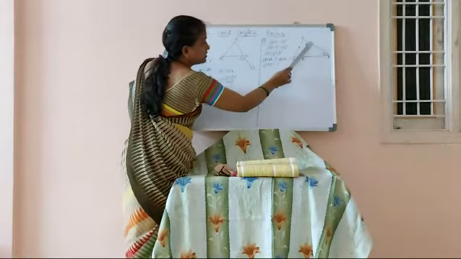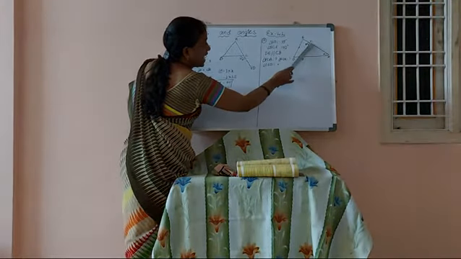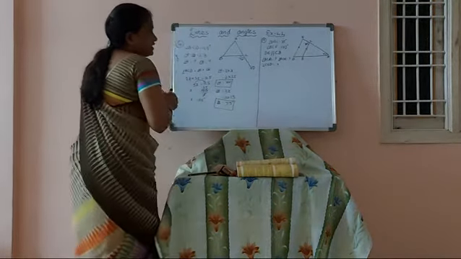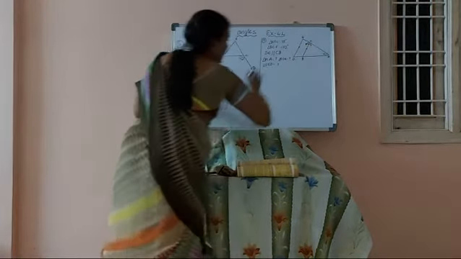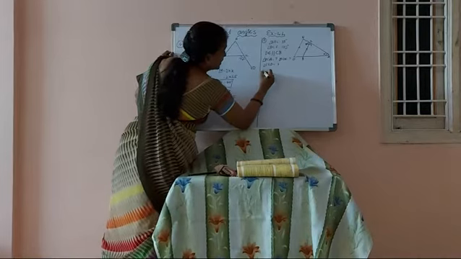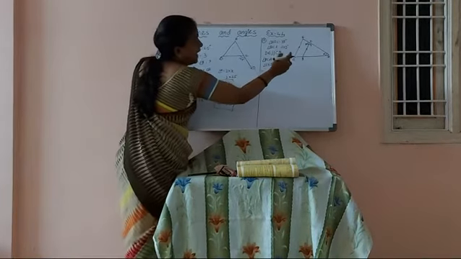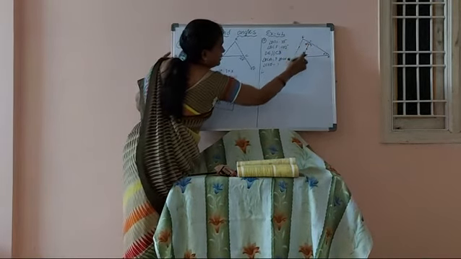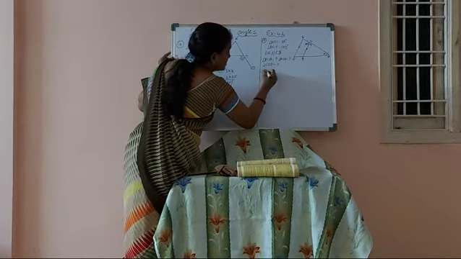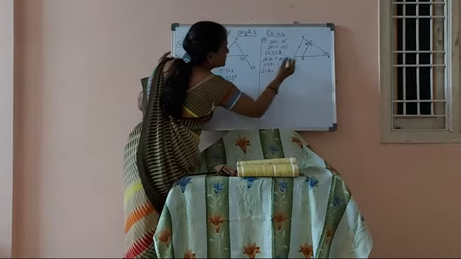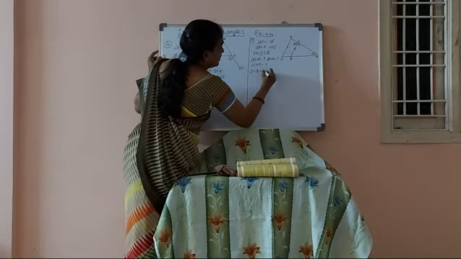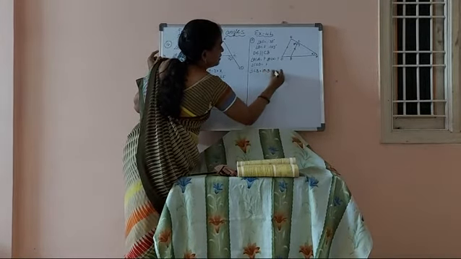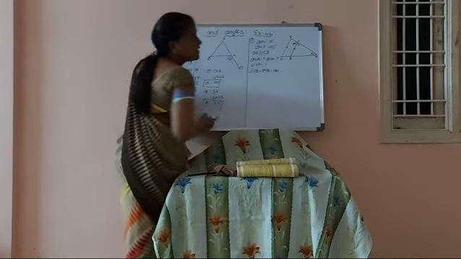This angle BCA we have to find out. If you observe these two angles, angle ECB plus angle ACB is equal to 180 because they are a linear pair.